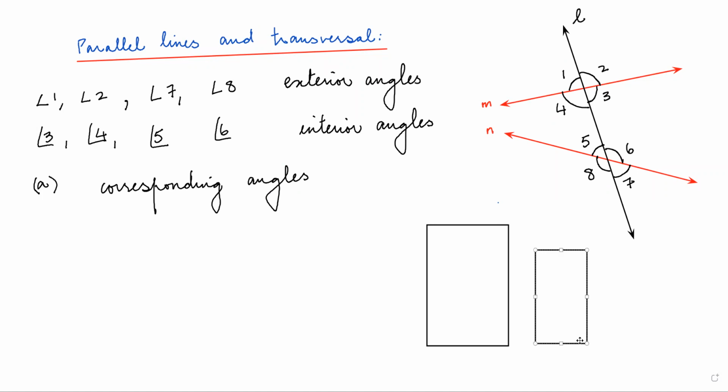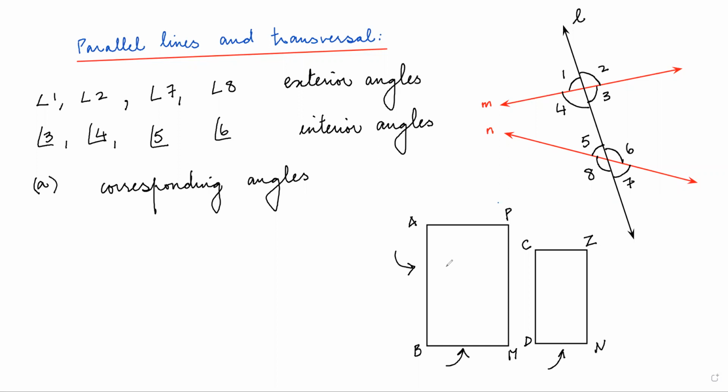Now you can say if AB is the side of the bigger rectangle, then the corresponding side of AB is CD. Similarly, the corresponding side of AP is CZ. The corresponding side of PM is ZN and the corresponding side of BM is DN.